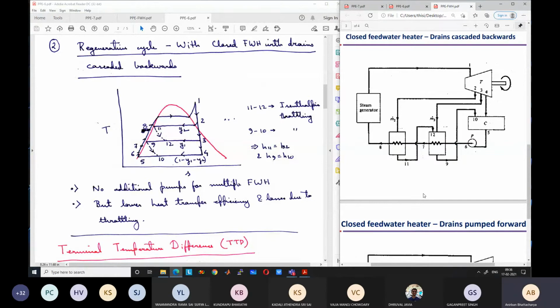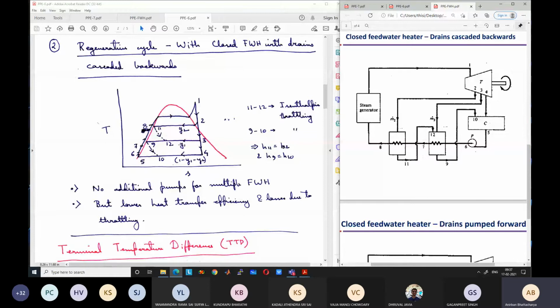Okay, I will explain. The energy increase in the feed water is 1, the mass flow rate, into H7 minus H6. This should be equal to the energy lost by the steam that has been extracted. The energy lost is Y1 into H3 minus H12, plus Y1 plus Y2 into H12 minus H9.